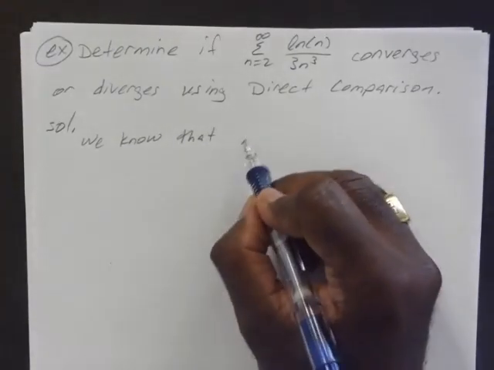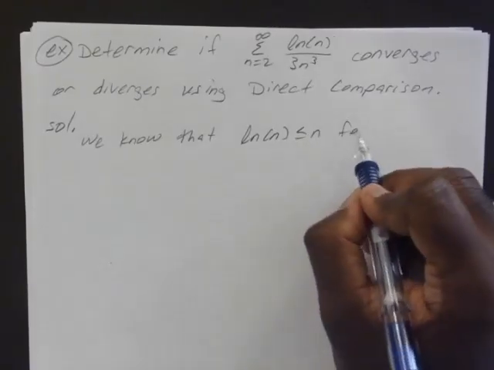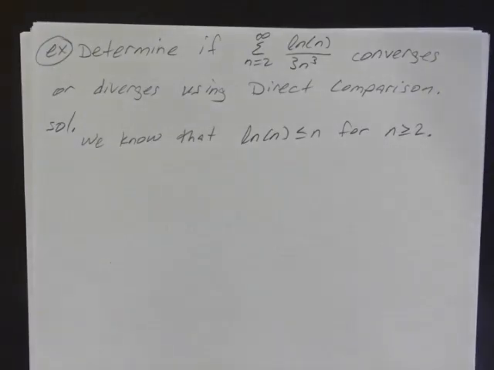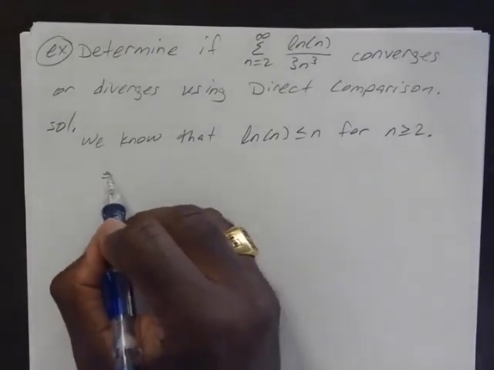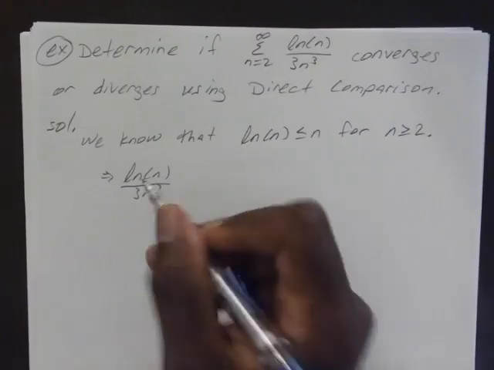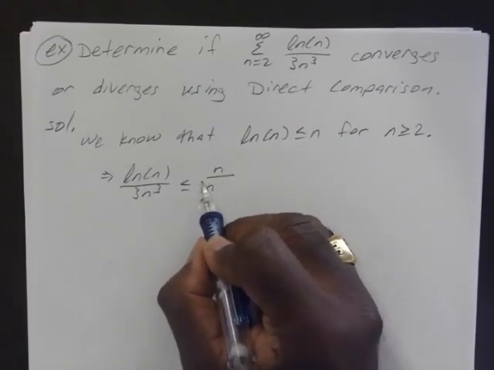So we know that the natural log of n is less than or equal to n for n greater than or equal to 2. Natural log of 2 is less than 2, natural log of 3 is less than 3, and so forth and so on. So if the natural log of n is less than or equal to n, then the natural log of n divided by 3n to the third power is less than or equal to n divided by 3n to the third power.